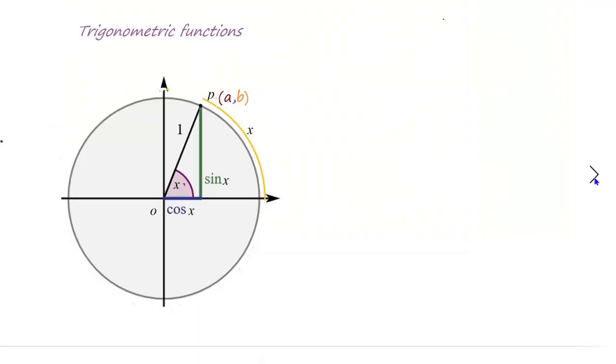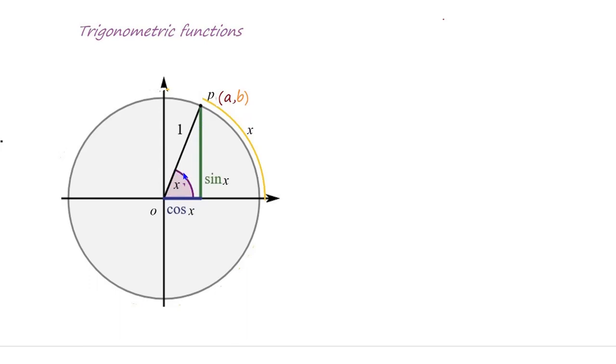Now let us study one more important result, which will be applied for deriving the other results. This is very simple, but still you have to memorize this result. Now consider a unit circle with center at origin, and P be a point on the circle such that the angle made by OP with the positive direction of x-axis is x.